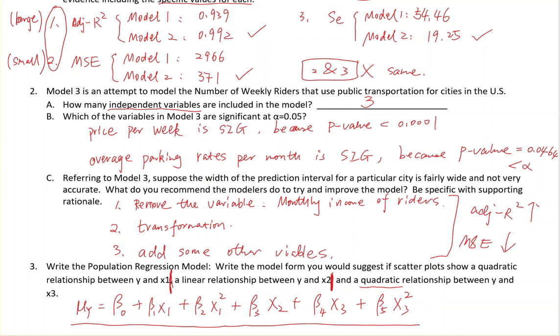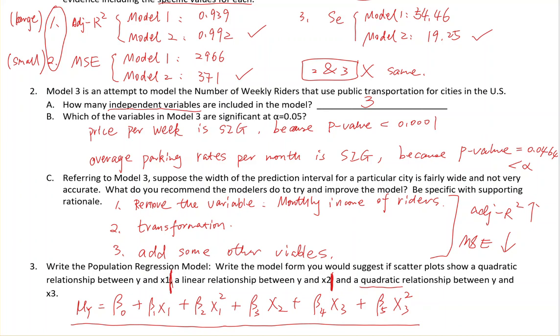So actually, when you write this population model, you do not need any sample. You don't need any data. Actually, you need the data to have the scatter plot, right? But you don't need to do anything about the regression. You don't need to know the detailed values of B0, B1, B3, B7, something like that, right?